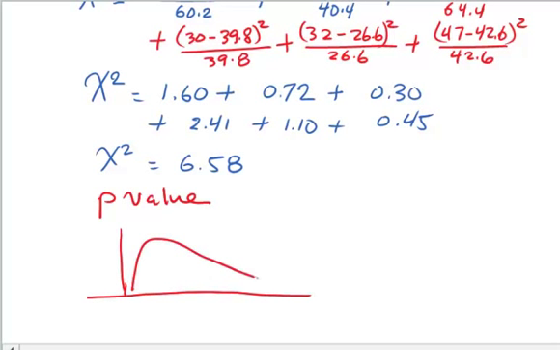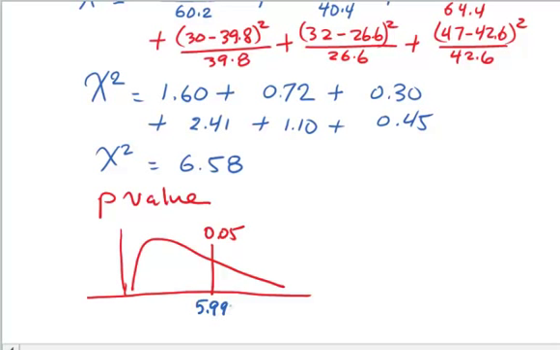So if you go to your chi-square table, you should be able to find the following values. The usual ones will be 0.05, and the chi-square for that is 5.991.